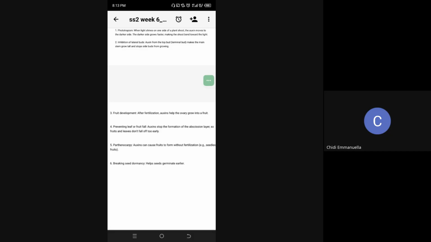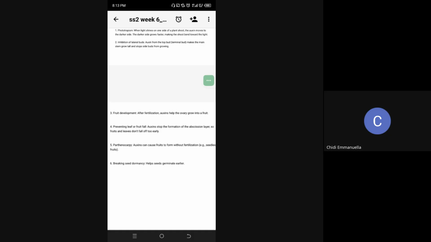Okay. Anyway, ovule is the part that forms the seed. Then ovary is the part that forms the fruit. You understand? So I said ovule is the part that forms the seed, SEED.